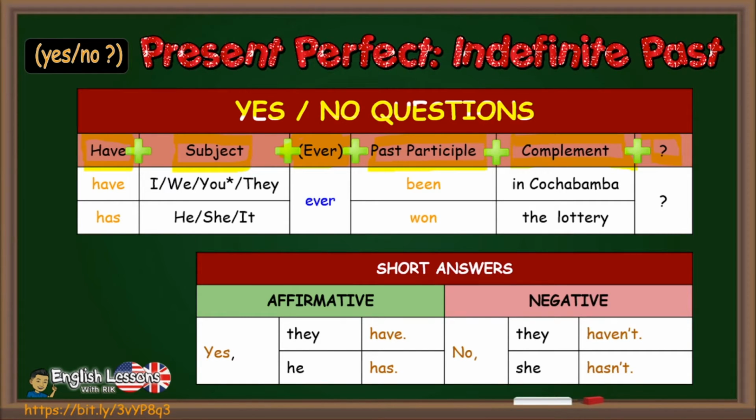Examples: Have you ever been in Cochabamba? Has she ever won the lottery? The short answers are, in affirmative: yes, they have, yes, he has. Negative: no, they haven't, no, she hasn't.